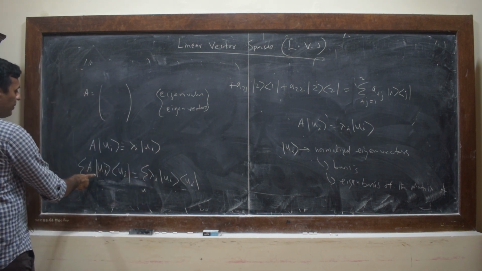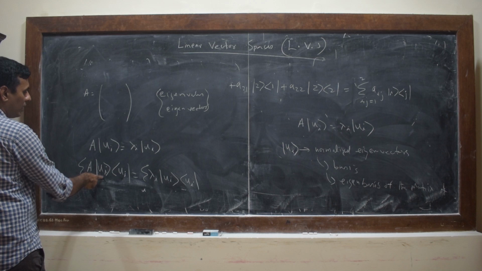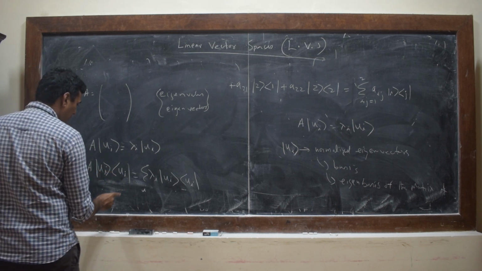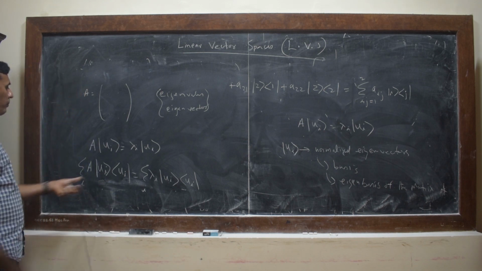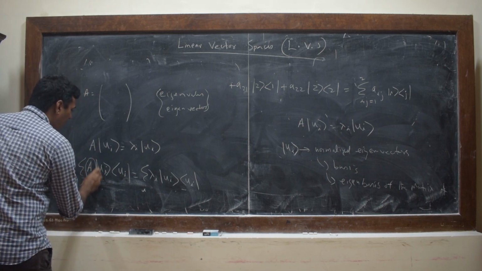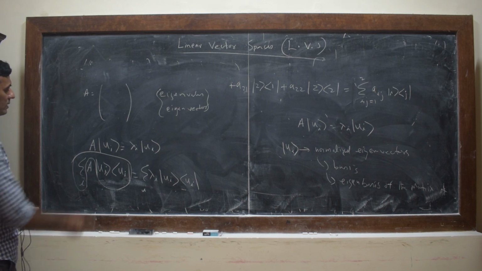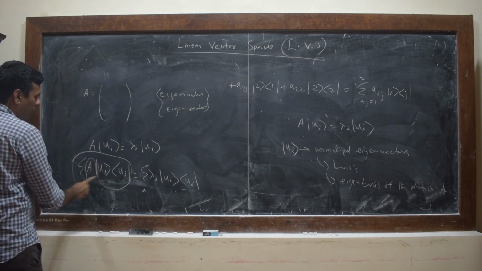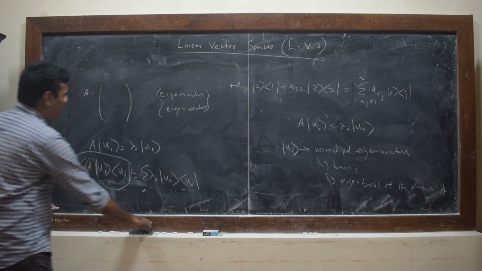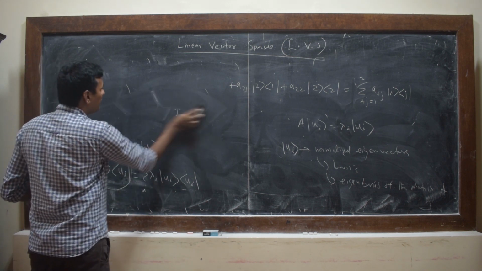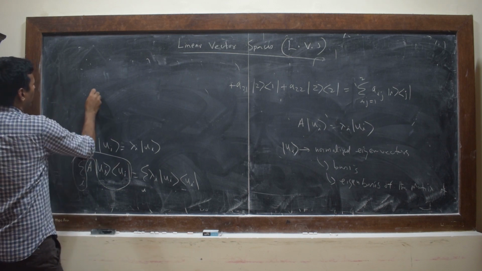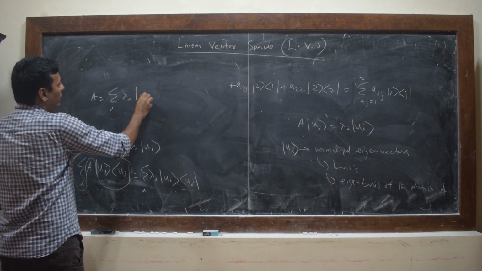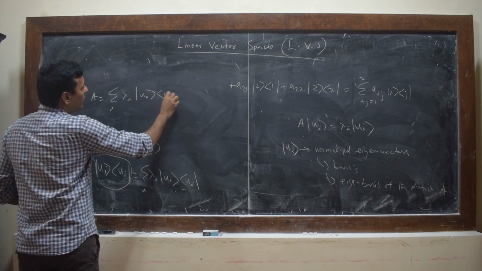So, A into the summation over ui ui, because it is an orthonormal basis, from the completeness the summation over i of ui ui will be identity, and then you can write A is equal to summation over i lambda i ui ui.